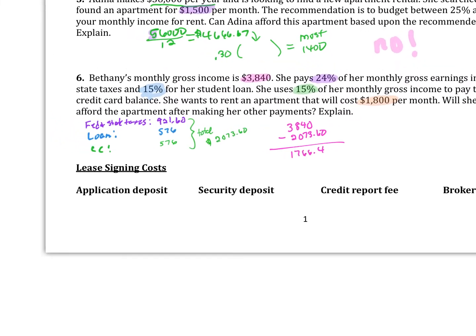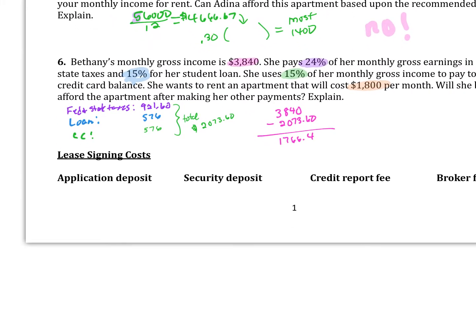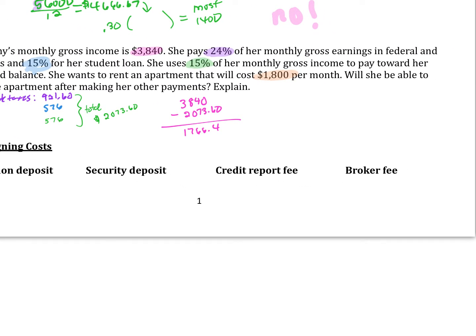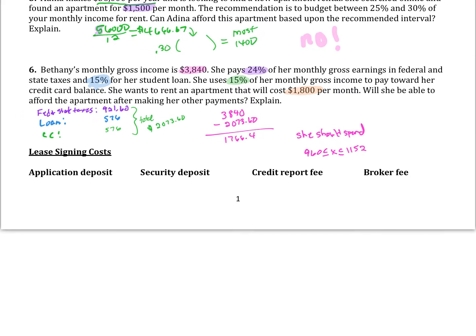So then we need to figure out, okay, what's the most she should spend here? What's the interval for this? 960, no more than 1,152.